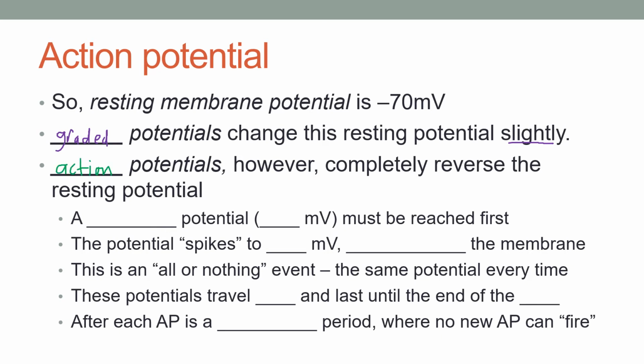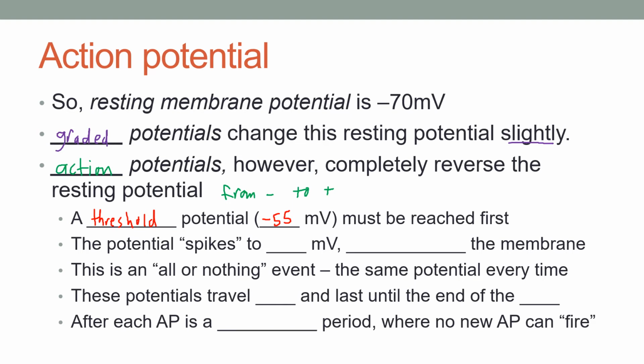Action potentials, however, completely reverse the resting potential from minus to plus. Okay, so as we mentioned on the previous slide, a threshold potential of minus 55 millivolts must be reached first.